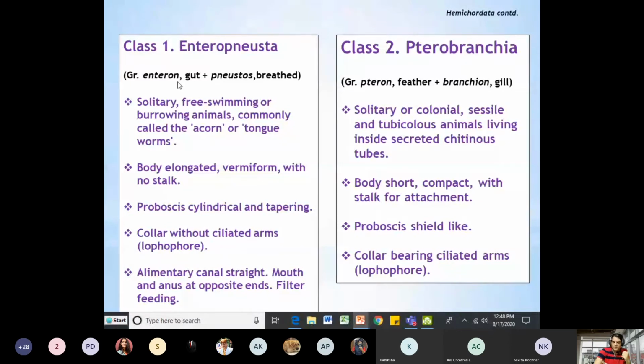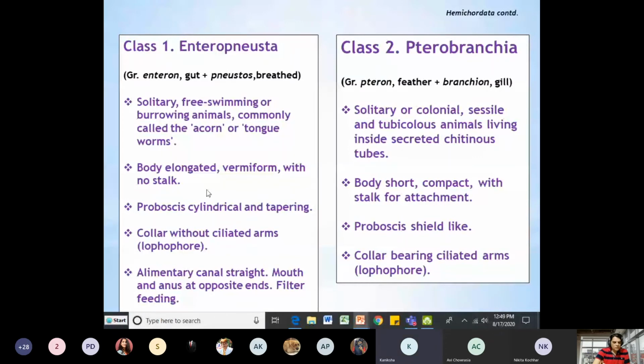If you remember the structure of Balanoglossus, the body was divided into three regions: proboscis, collar, and trunk. The trunk has gill slits, the branchiogenital regions. Since the gills are attached with the gut, that is why the name was given to these animals as Enteropneusta, right?